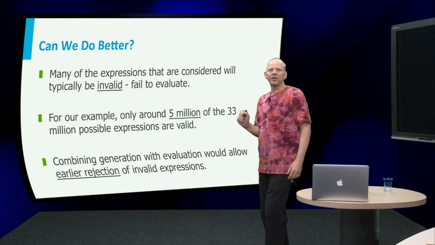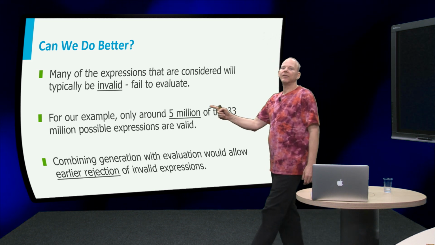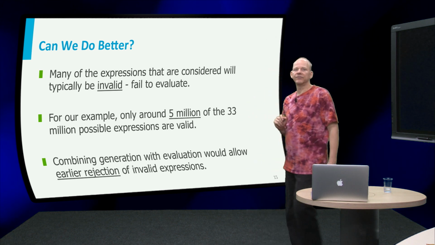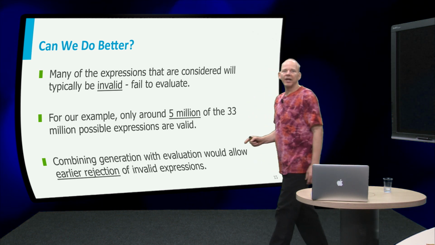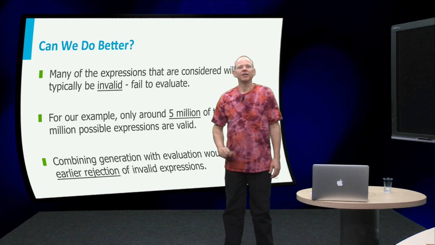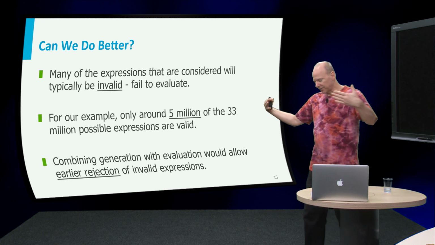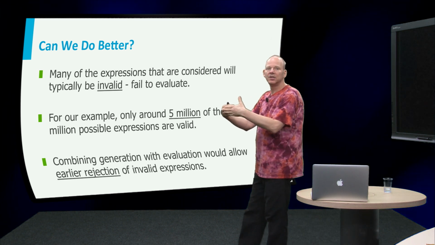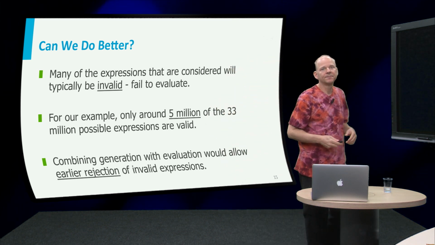The possible expressions that we can build are 33 million, and only 5 million of them are actually valid. What we will do is combine the generation function with the evaluation function. We will fuse these two to make sure that invalid things are rejected earlier.